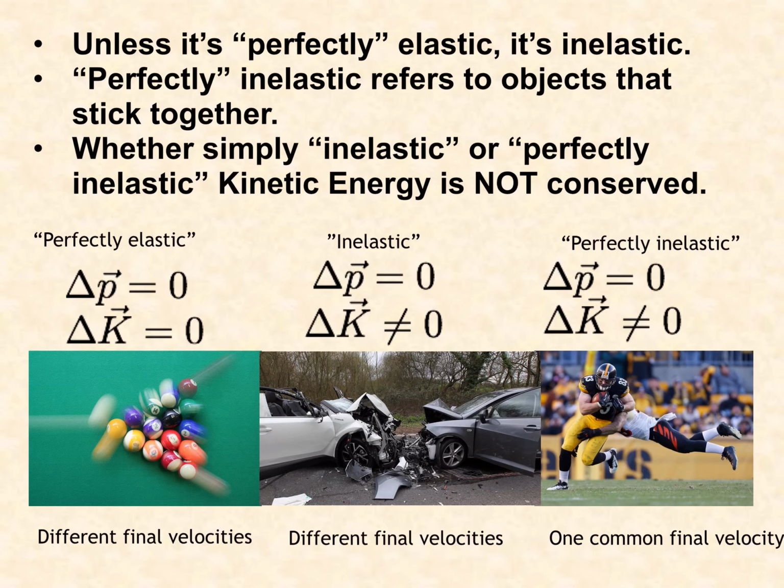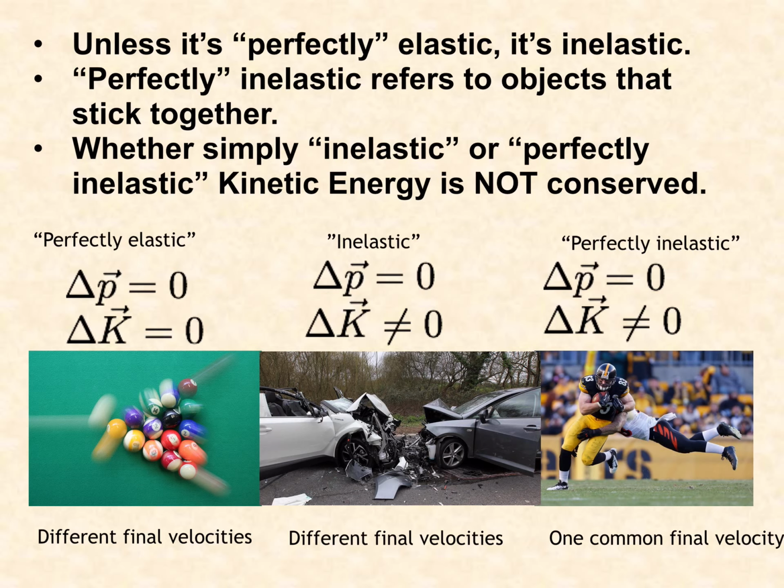If you want to be more careful about the language here, for something to be completely elastic or perfectly elastic is really sort of an idealization, because you would have to have the condition that both the momentum and the kinetic energy are conserved, and you don't have any sort of losses by way of deformation or heat and so on.